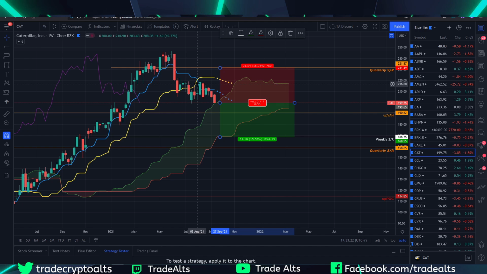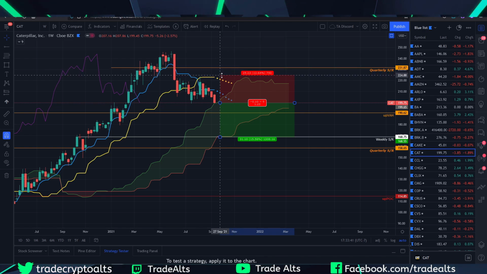I'll tell you right now that my stop loss would probably be above this high. Typically, I'm not a big fan of using lows or highs for stop losses on their own. But in this case, it is basically where your weekly Kijun is, so it does make sense to use that as a stop loss. So you can move your stop loss down just behind this, essentially where this high is.